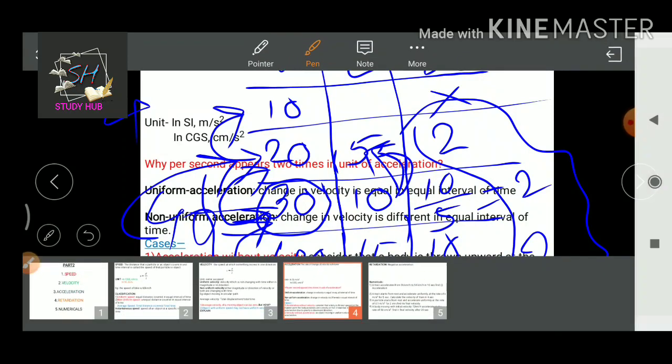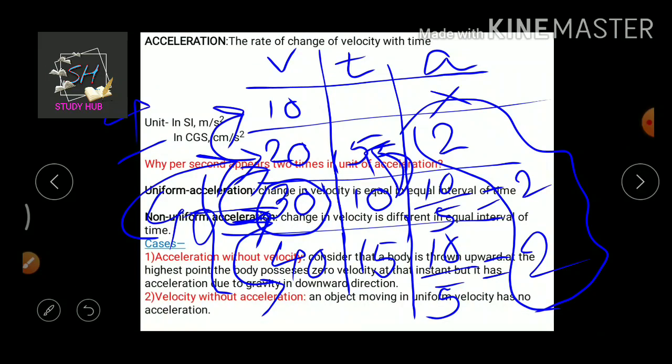In that case 2, in that case 4, and then 6, 8 or anything else, then it is non-uniform acceleration. So in uniform acceleration, the acceleration must be equal in equal intervals of time. As we have seen here, the acceleration is 2 meter per second square in every 5 second interval. So this is a case of uniform acceleration.